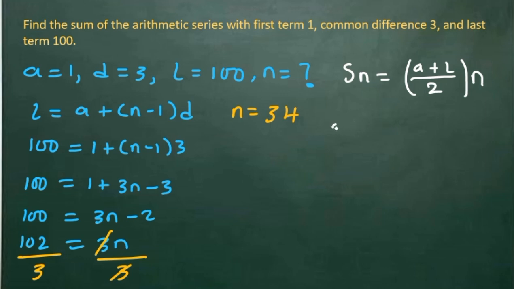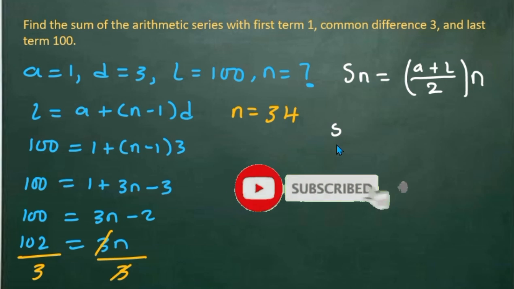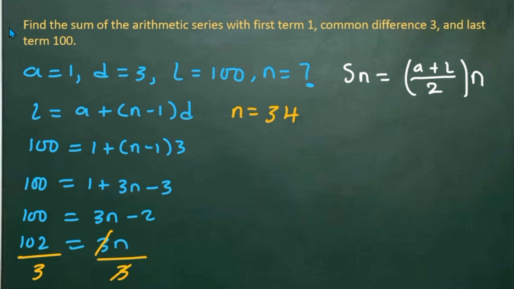So now we are looking at the sum of the 34 terms. So this will be S of 34 equals the first term 1 plus the last term 100, all divided by 2 times n, which is 34.